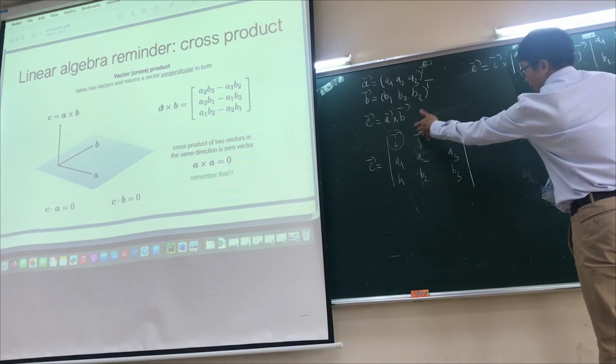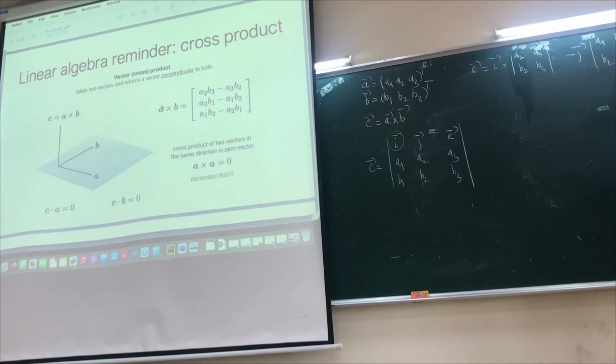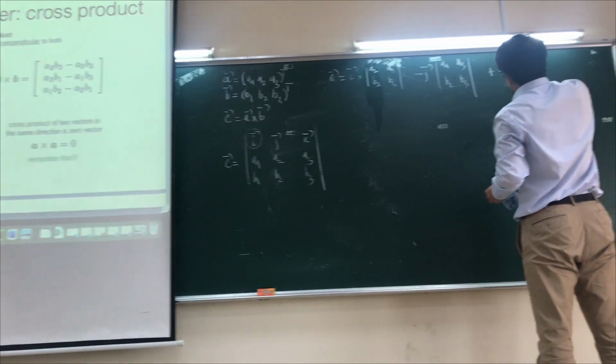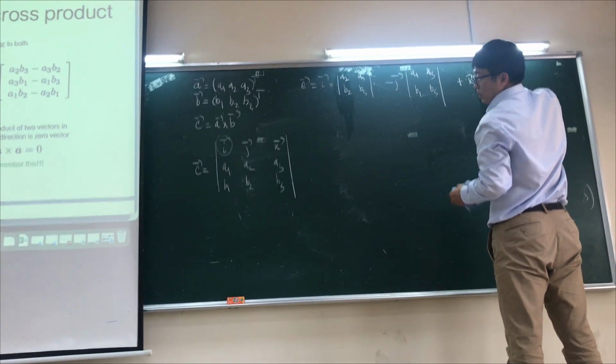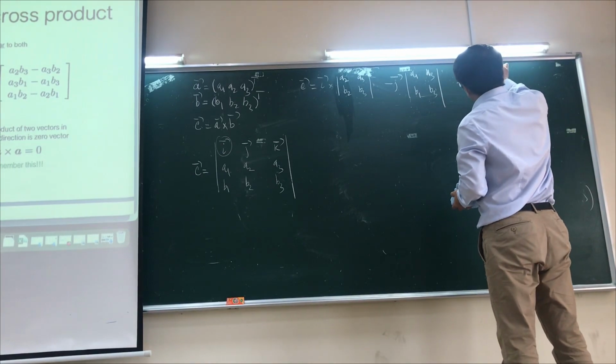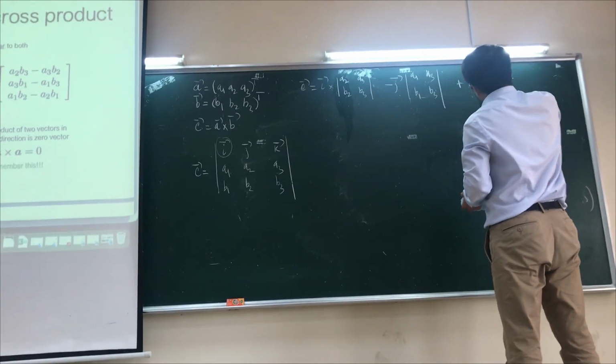And then k multiplied with the determinant of the remaining column and row, A1, A2.